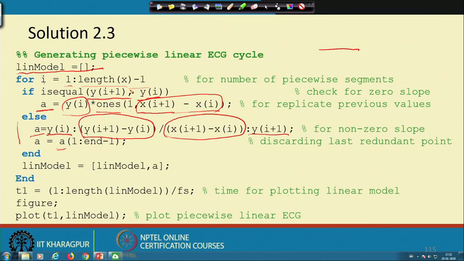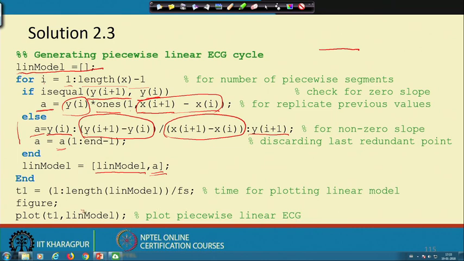So, that part we take care of, and at the end of it, once it is checked, we append that to the linear model, starting from the blank vector, it keeps on adding these a's and keeps on building the different segments in that way, and at the end of it, it would be ready when we come out of this for loop.